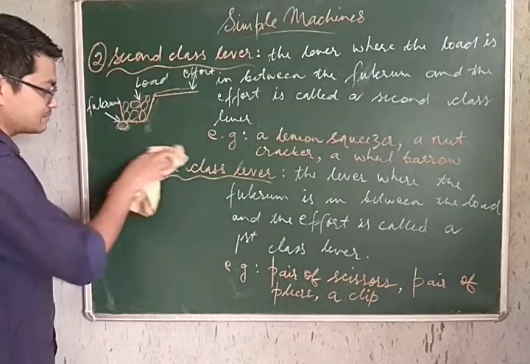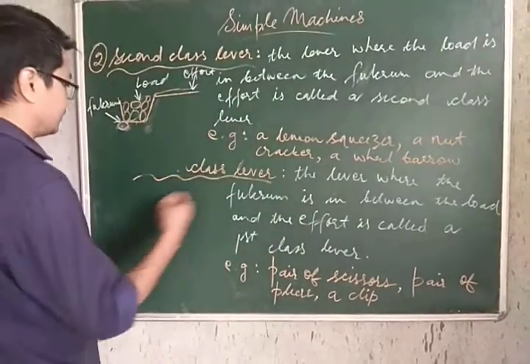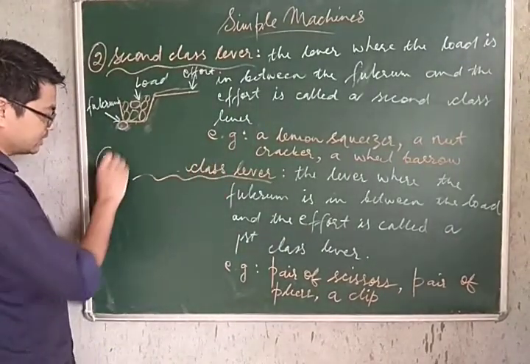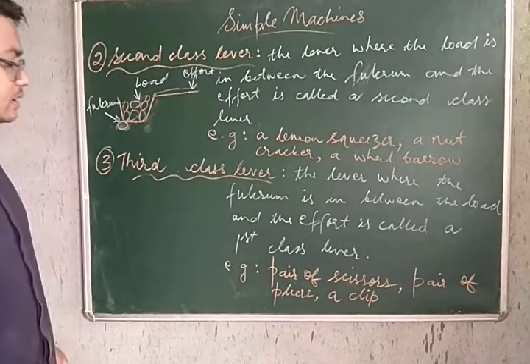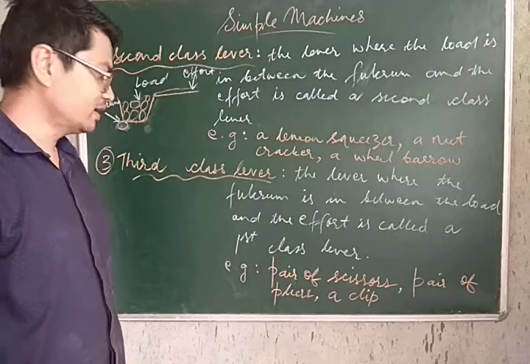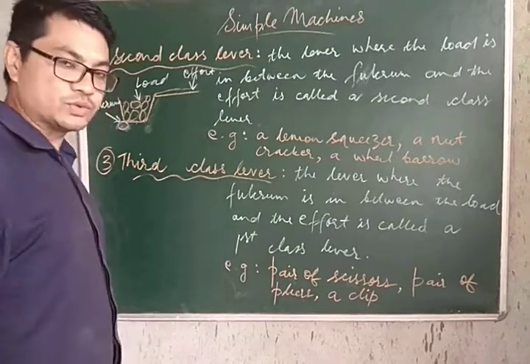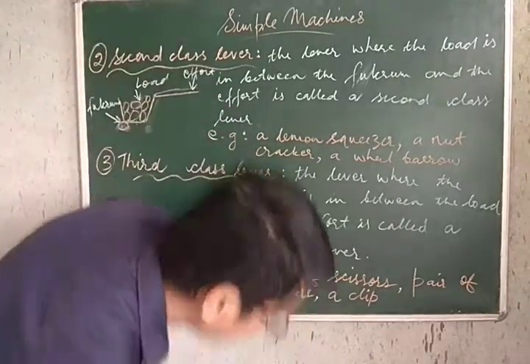And finally, we come to the third kind of lever, which is simply called third class lever. Third class doesn't mean it's the worst kind of lever. Third class is simply the name given to it, since the other two are first class and second class levers.